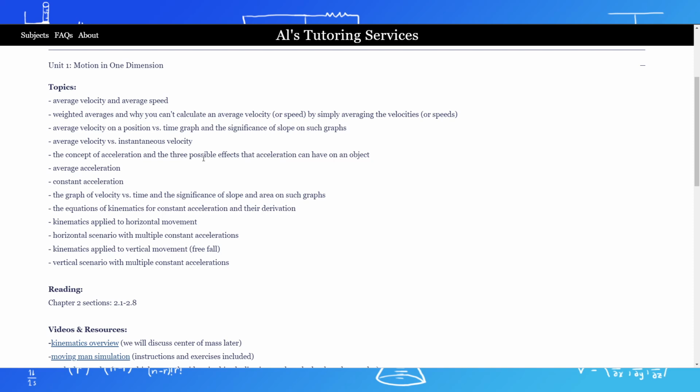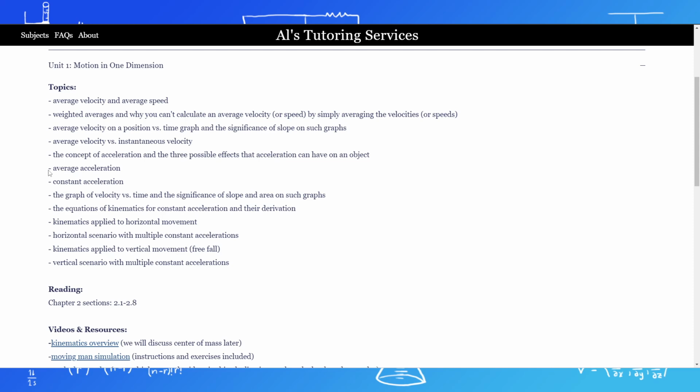So if they ask you to calculate speed from a curved graph, you do the same thing. You draw a line that just barely grazes the graph at that point and estimate its slope, and then just take the absolute value. If it's a negative slope, you just take off the negative sign, and there's your instantaneous speed, in case I forgot to comment on that. The concept of acceleration and the three possible effects: change in direction, change in magnitude, or change in both.